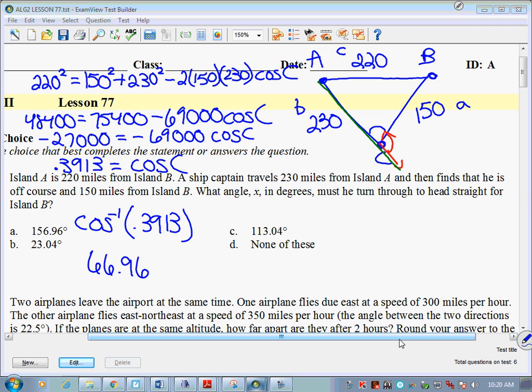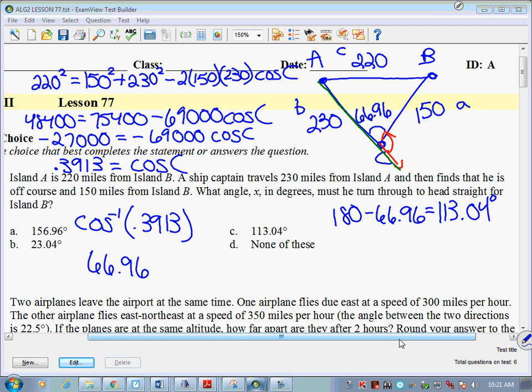66.96 is not my answer. That's angle C. So what do I need to do with 66.96? Go back. This is 66.96 right here. Subtract it from 180. So 180 minus 66.96 equals what? 113.04 degrees.